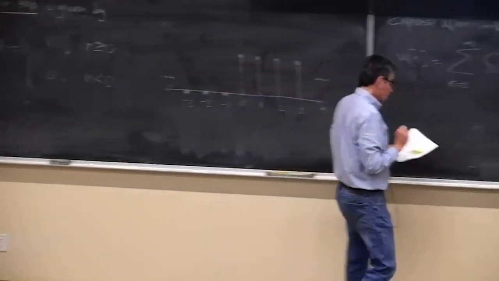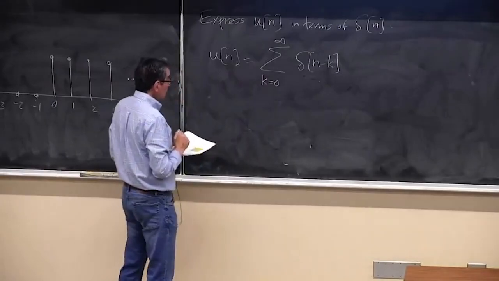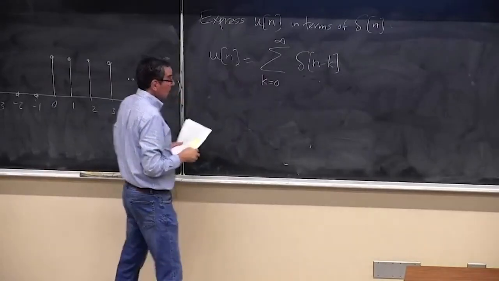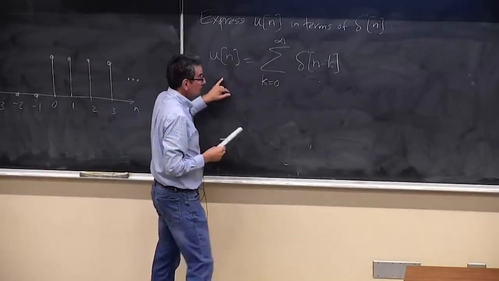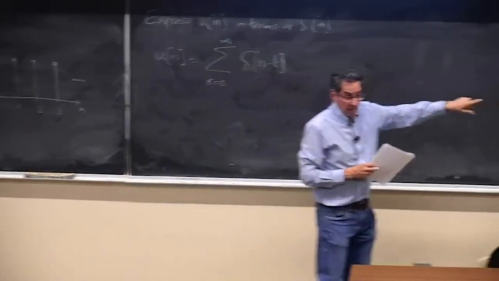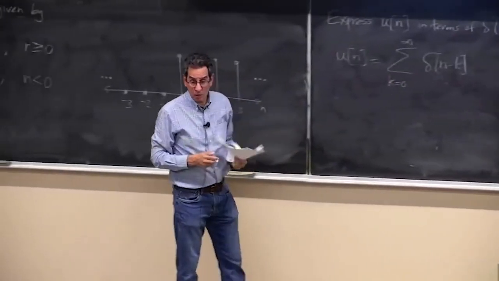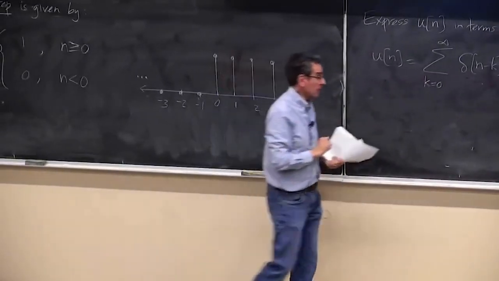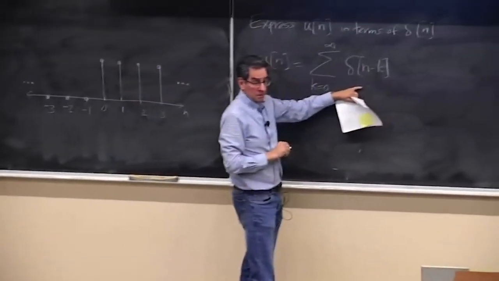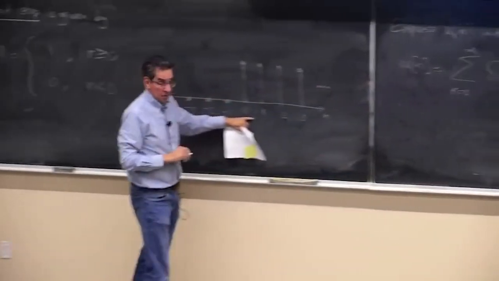Now, I can also do something that involves just a simple relationship between delta of n and u of n, but where I flip the order. I want to express delta of n in terms of u of n. You can get it by staring at this, or you can get it by staring at this picture.